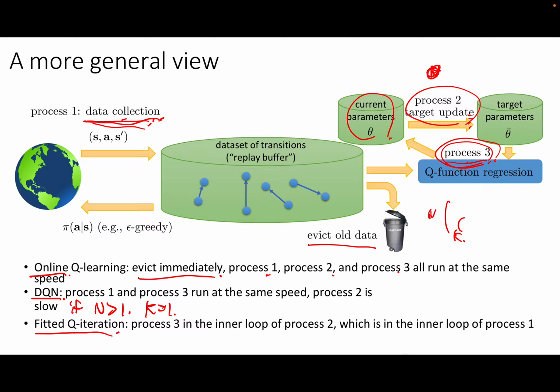That is called fitted Q iteration. So we learned a couple of Q learning algorithms. Any difference? Of course, apparently fitted Q iteration is the most stable one and the most generalized form, and it might perform the best, I guess.